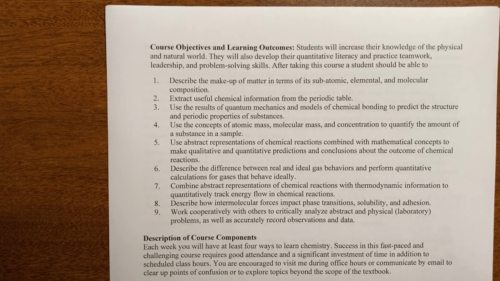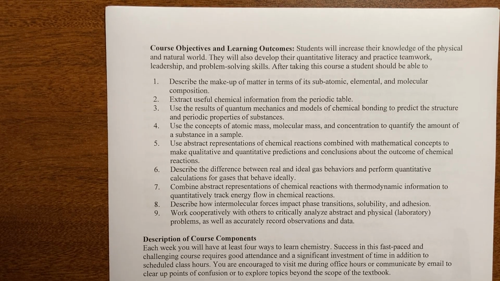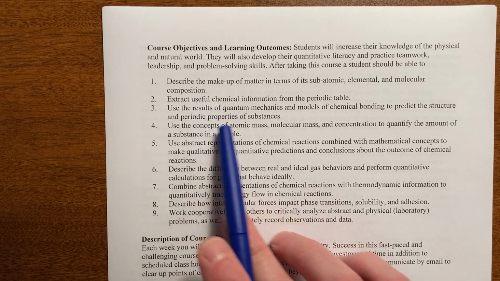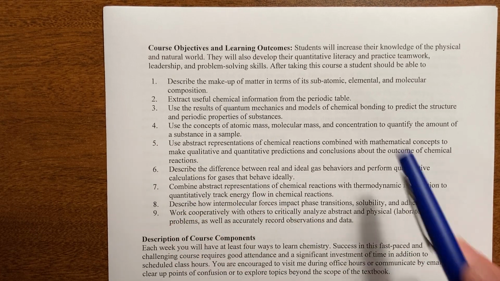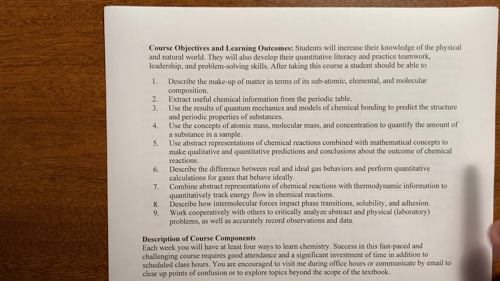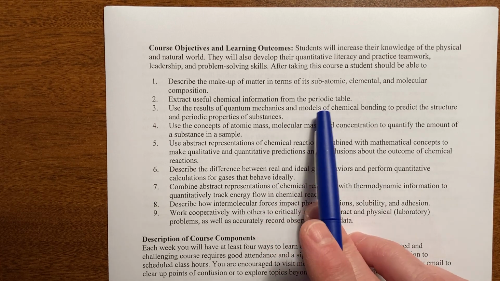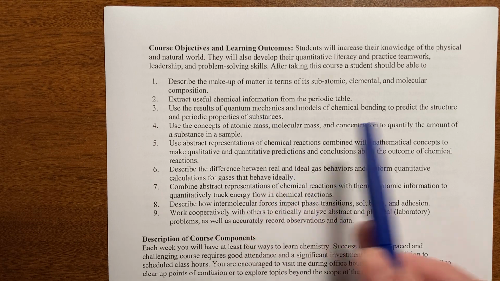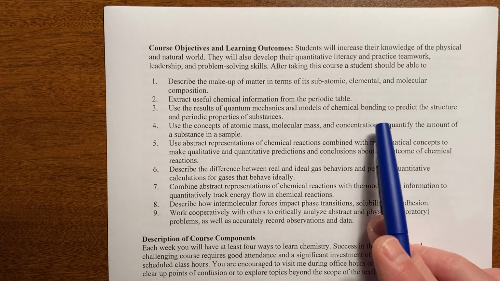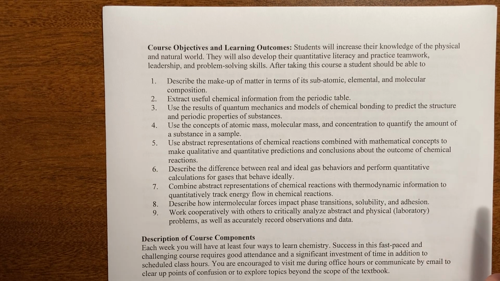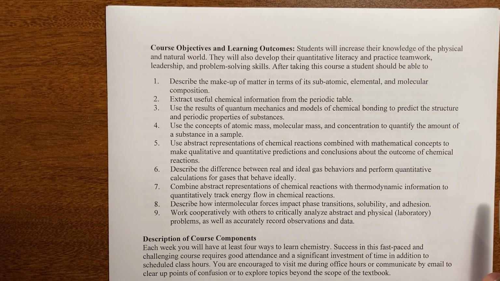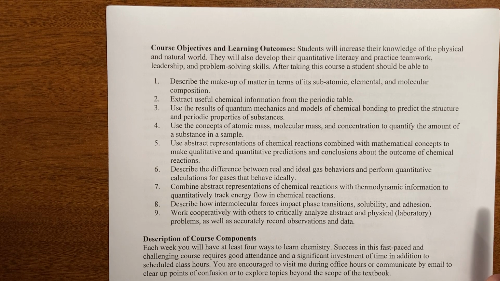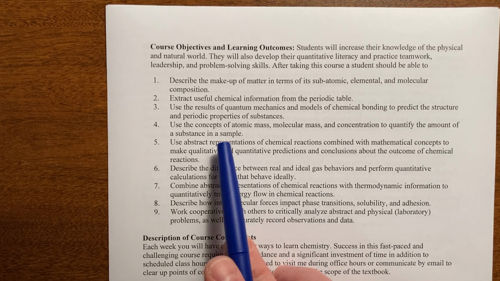Some of the objectives that we're going to hopefully have you learn this semester: describe the makeup of matter in terms of its subatomic, elemental, and molecular composition. Learn a little bit about the periodic table. Quantum mechanics is a scary sounding term, but it essentially just means how electrons behave in bonds and in atomic structure, and how we understand electrons to behave in chemical reactions.